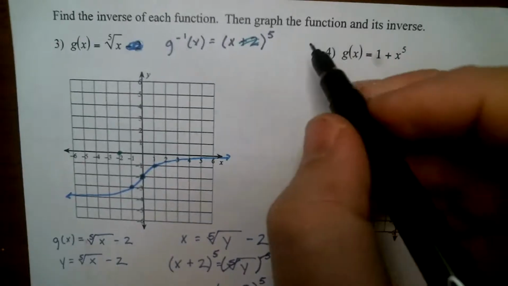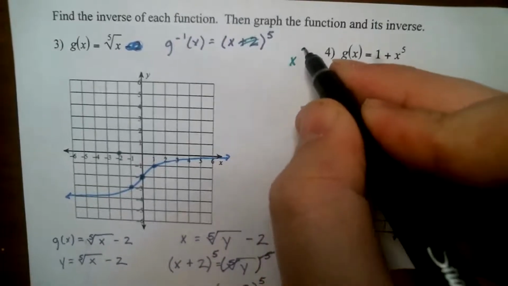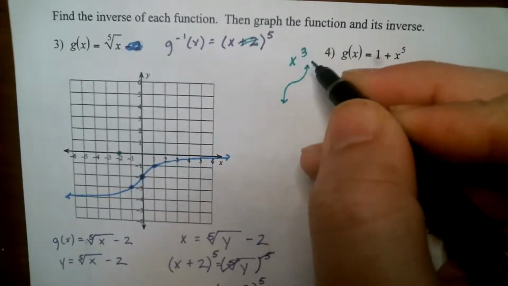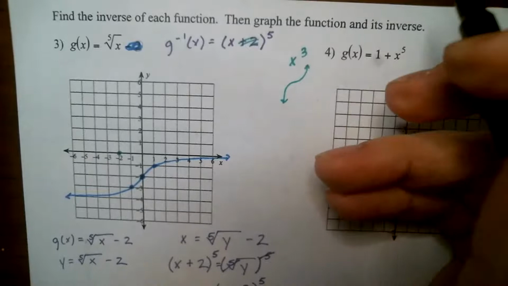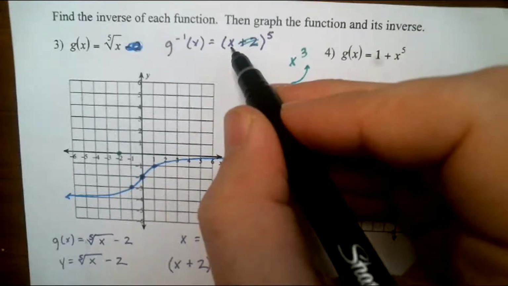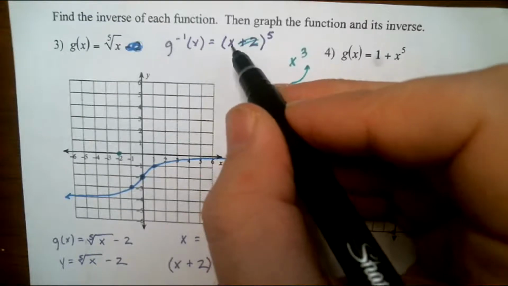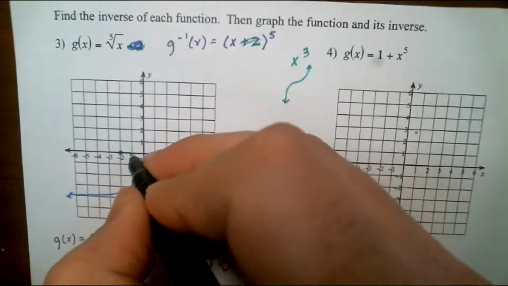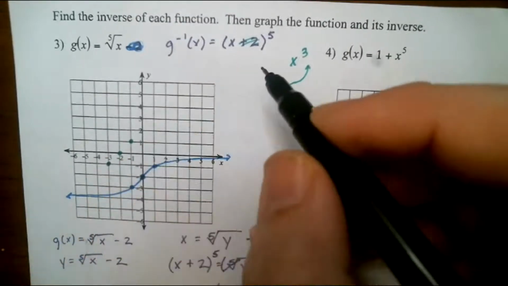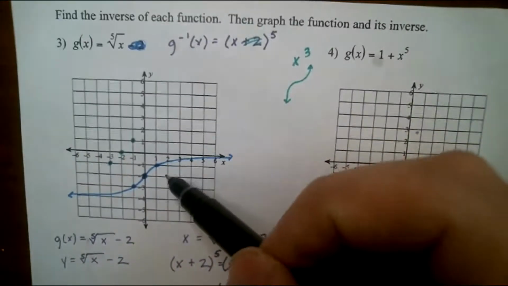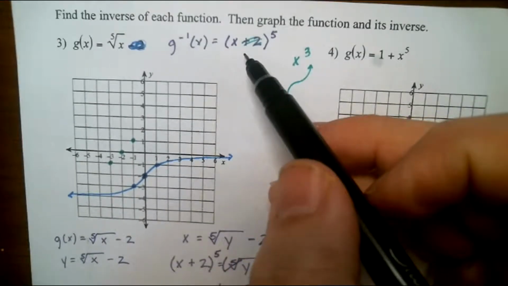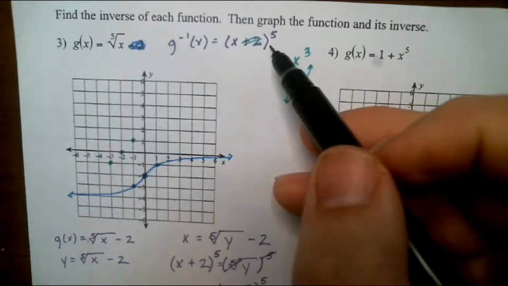Now, most of you know that x cubed does this right here. Well, x to the 5th power is going to do practically the same thing. So if you plug a 1 in there, 1 to the 5th power is 1. So you still go right 1 and up 1, and then down 1 and left 1 if you plug in a negative 1. But if you put a 2 in there, 2 to the 5th power is 32.